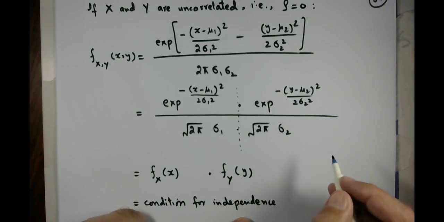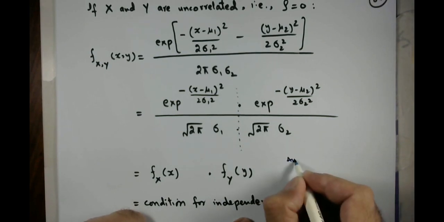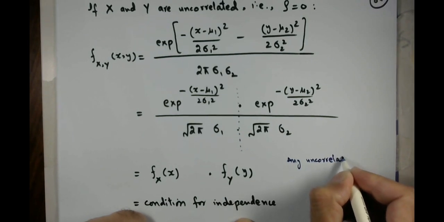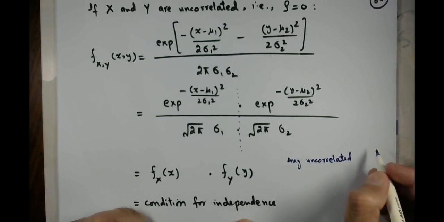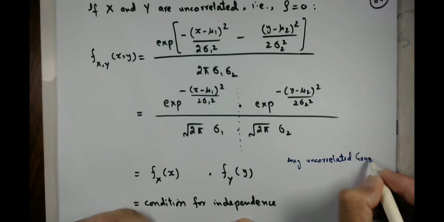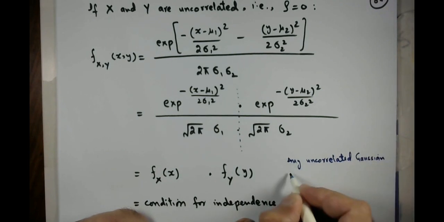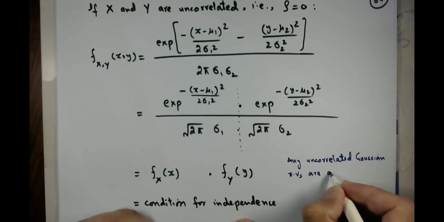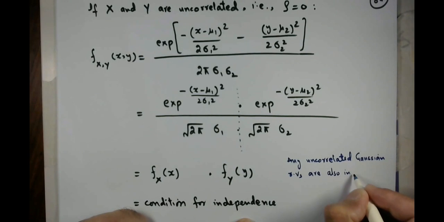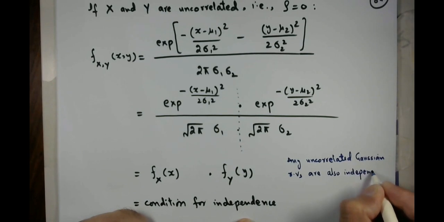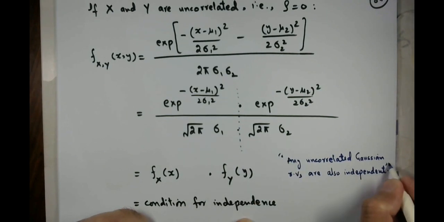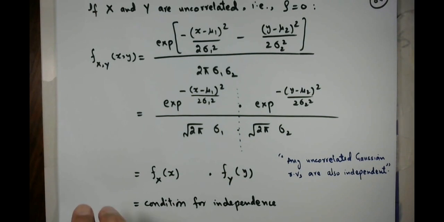So hence we can say that any uncorrelated Gaussian random variables are also independent. So this is now our conclusion. Please keep this in mind.